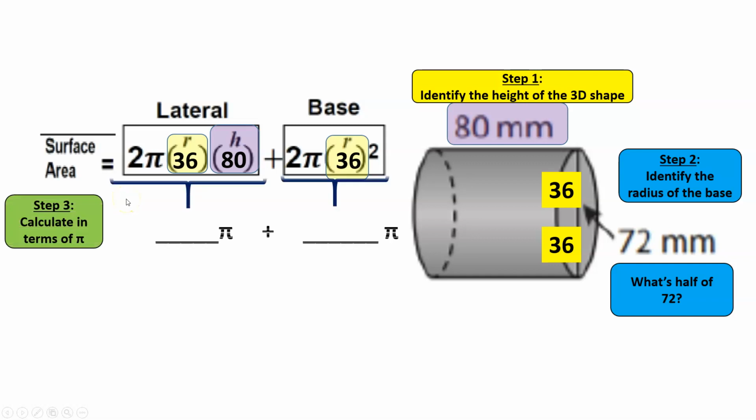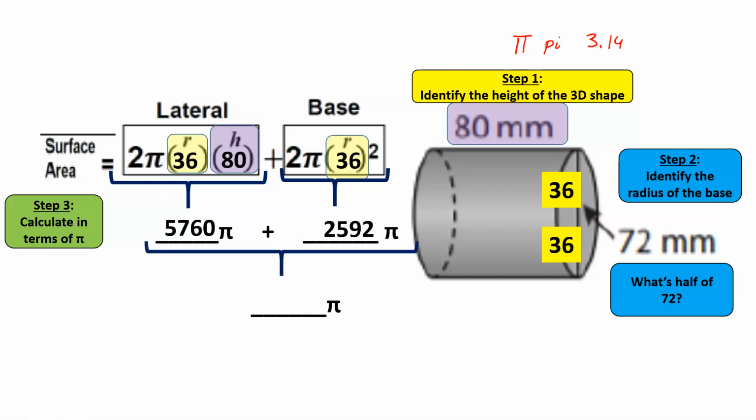Let's take a moment and calculate this out again, just in case you forgot pi. That's what that symbol's called, and the approximation for that would be 3.14. All right, so let's take a moment and work that out. That'd be about 5,760, 2,592. Let's go ahead and calculate that out.